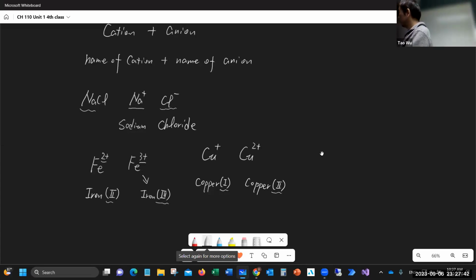Like potassium, you don't have to write potassium 1. It's just potassium. But chromium, Cr, has 2 different kinds, right? One is Cr2, one is Cr3. So you need to specify chromium 2 and chromium 3. Are you clear?